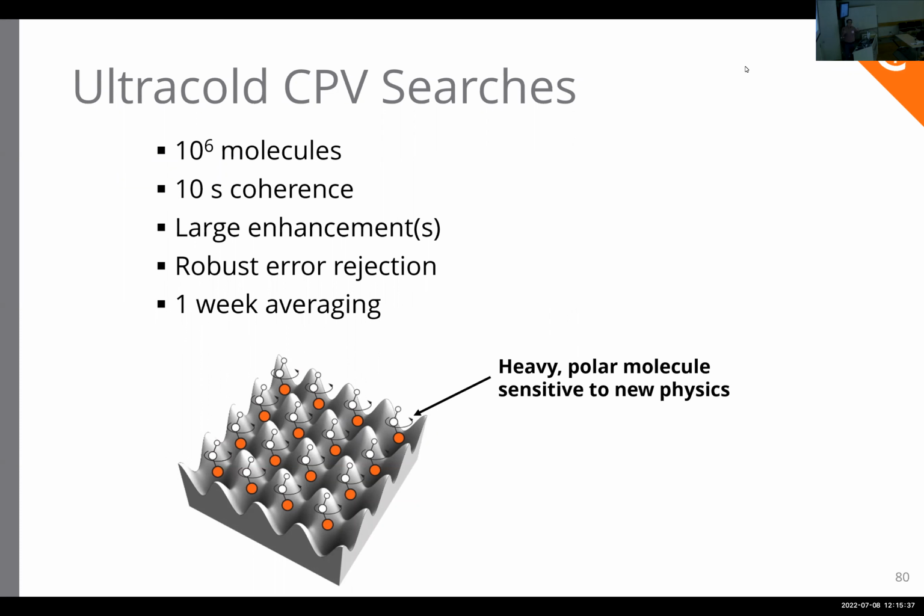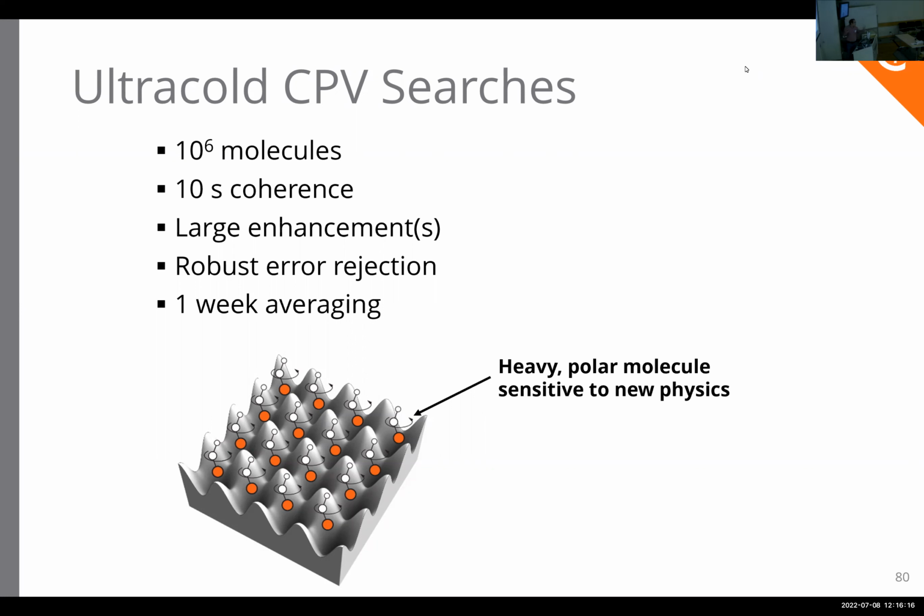But the reason that I'm excited about this, and a lot of other people too, is that if you take some numbers which are individually close to state of the art on their own in at least some system, meaning that someone has done this, someone has done this, someone has done this. No one's bundled all these things together at the same time, which is a highly non-trivial endeavor. But based on the fact that people can do each of these things individually, we're optimistic that you could trap 1 million molecules with a 10-second coherence time, in a heavy molecule with good CP violation sensitivity.